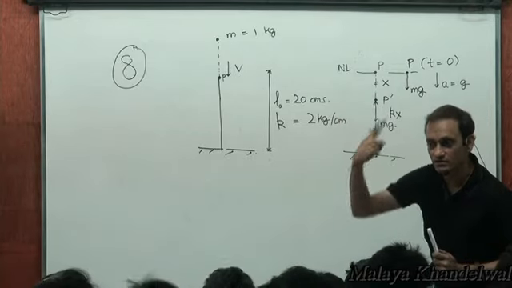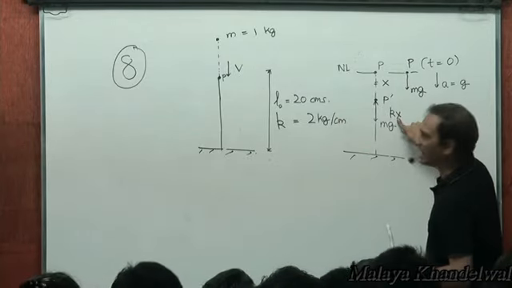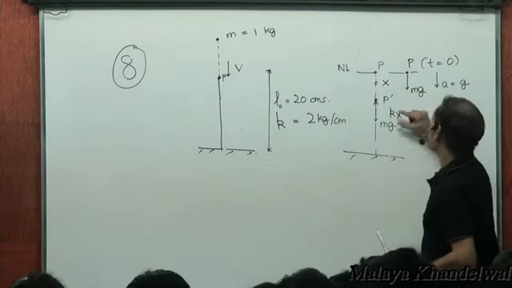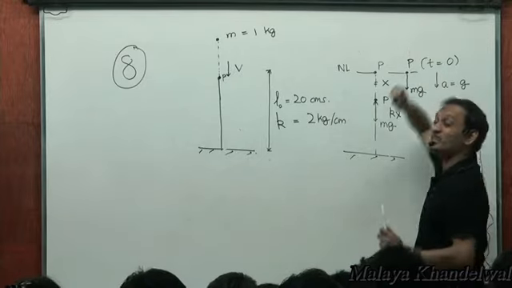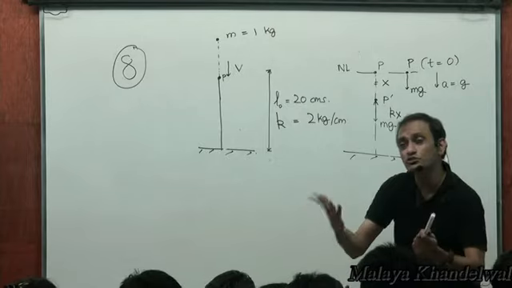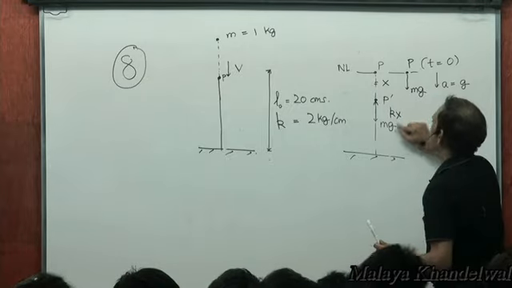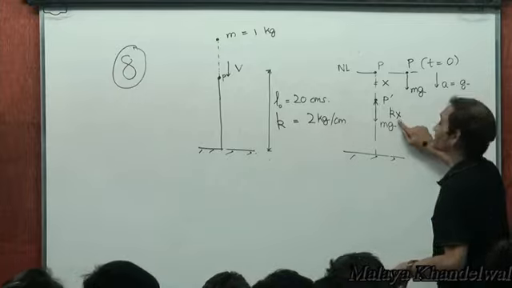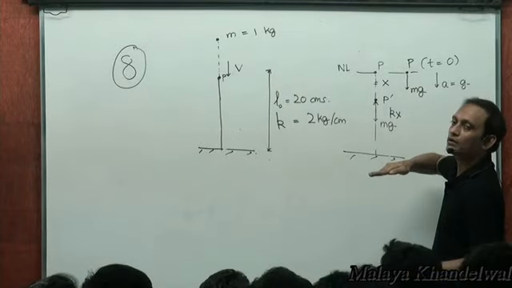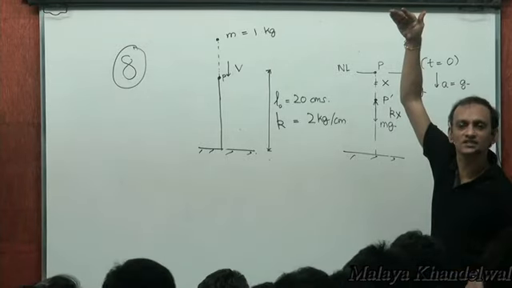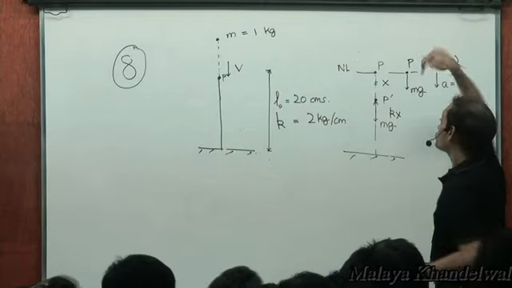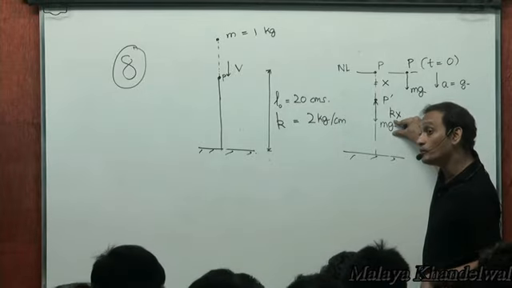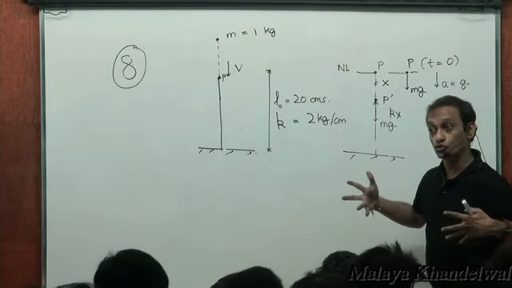Initially it's only g, then kx, the upward force attempting to retard it, decreases the acceleration. Mg remains the same all the time, but kx grows.